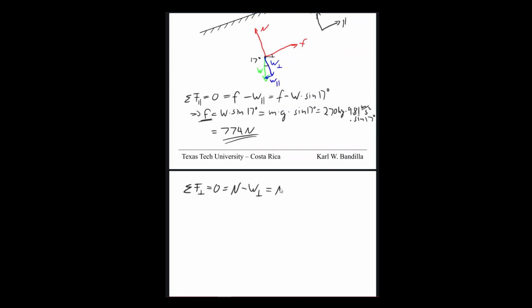So that means N minus W times, now this is the adjacent leg, so cosine of 17 degrees, which means the normal force is equal to W times cosine 17, which is M times g times cosine 17 degrees, which is 270 kilograms times 9.81 meters per second squared times cosine of 17 degrees.